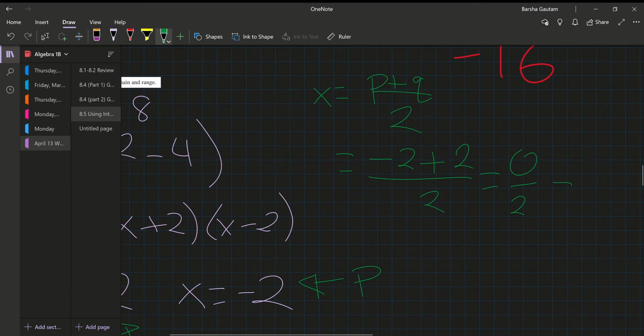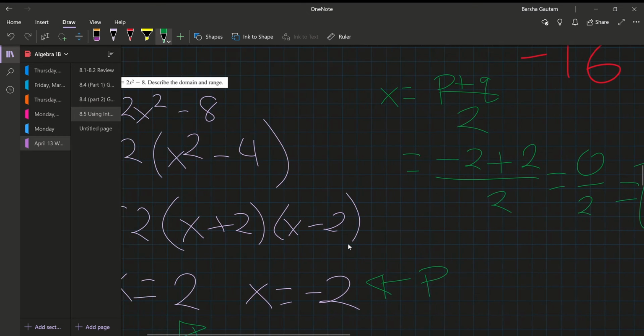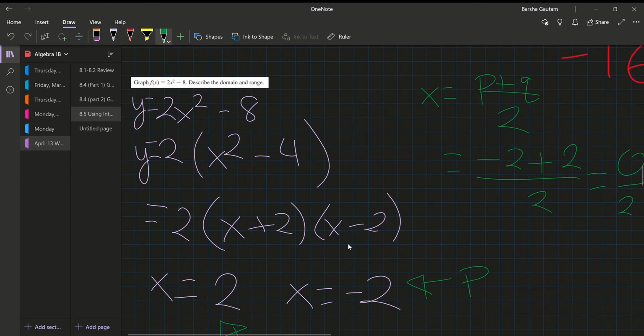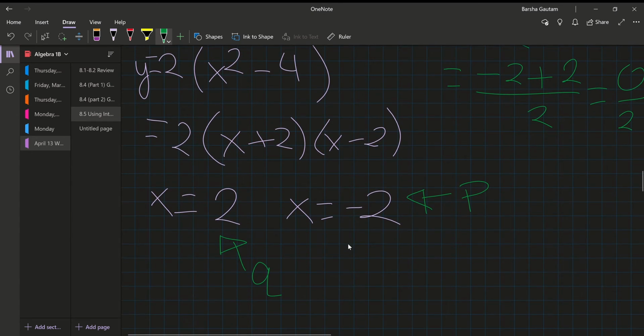So that means our axis of symmetry is 0. And once again, go ahead and think about how we could possibly figure out what the vertex is based on the information that we have so far. Right? So far, we cannot create a graph just off the axis of symmetry and the 2 x-intercepts. We need a vertex.